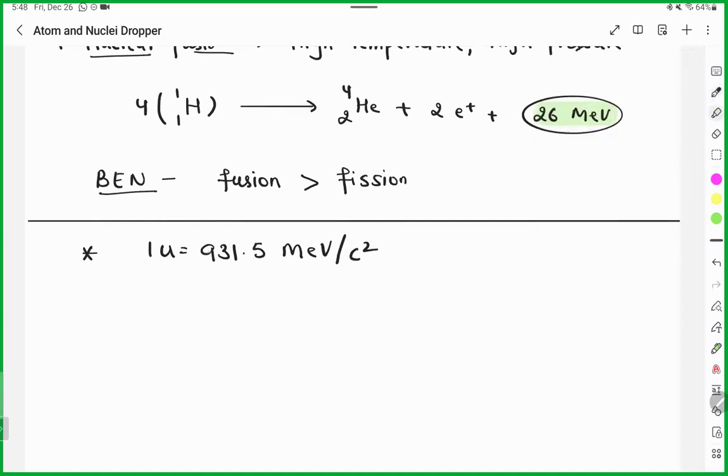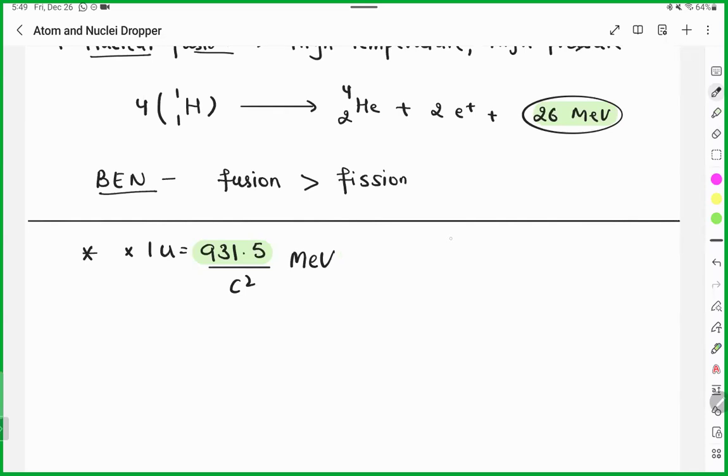Here it is 931.5 by c square. I will write it separately. 1 unit value is 931.5 by c square in mega electron volt. This is 1 unit value.